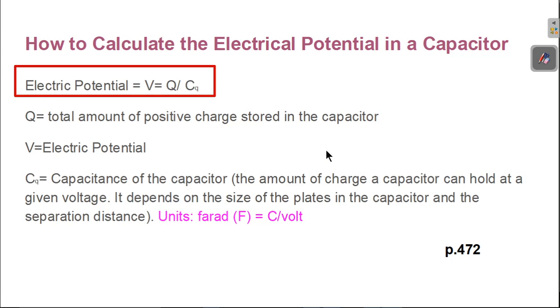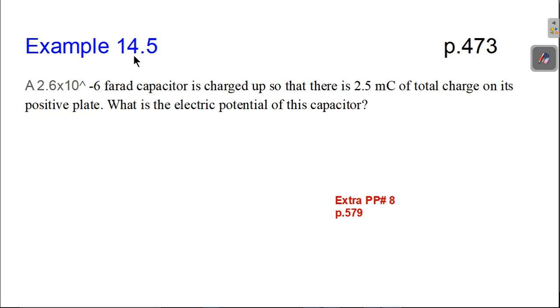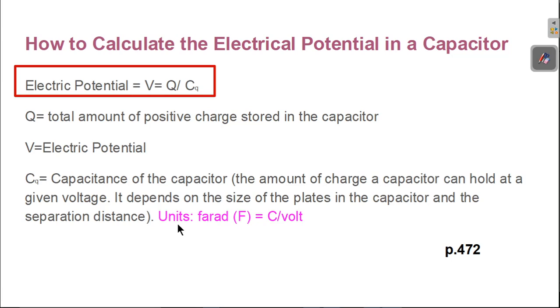How do we apply this? Let's look at example 14.5. Let's read it first. That's on page 473. A 2.6 times 10 to the minus 6 farad, and I think I forgot to say that to you. Just a minute. The units for the capacitance of a capacitor is in farad, F, which just means coulombs divided by a volt.